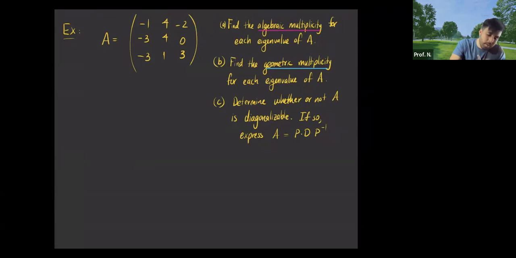So how do we do part A? What's the first thing we should do? How do we find the algebraic multiplicity for each eigenvalue?